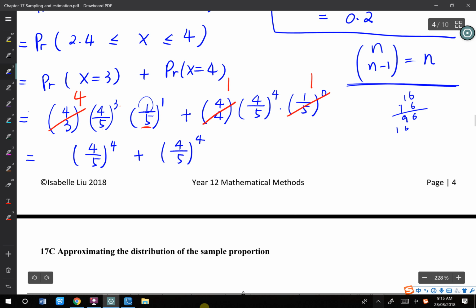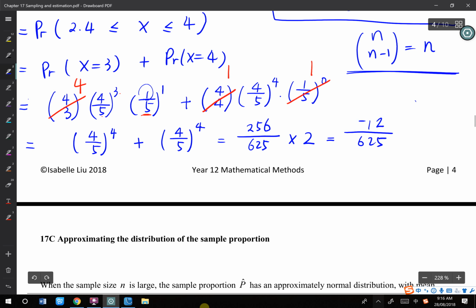So we have 256 over, what's 25 times 25? 625, and then times 2. So 1 is 256 over 625, and you have 2 of that. That times 2 equals 512 over 625. 512 and 625.